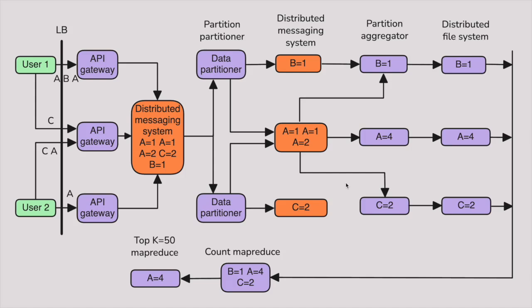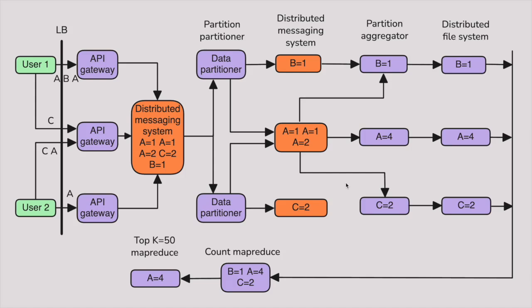So this way, we simplified the work of the MapReduce job, because now it won't need to aggregate partial aggregates across different partitions, which involves data shuffling and sending across the network. All it has to do is get all the aggregates and then collect them into the single view and dump them into the database.